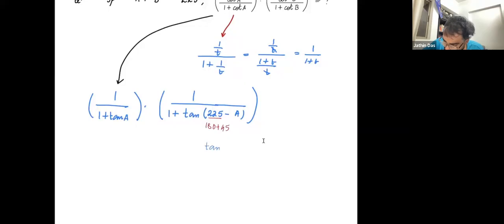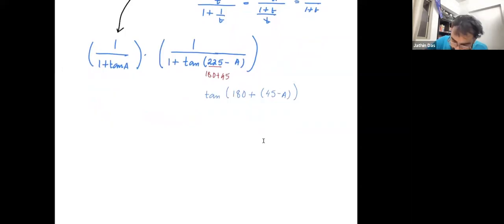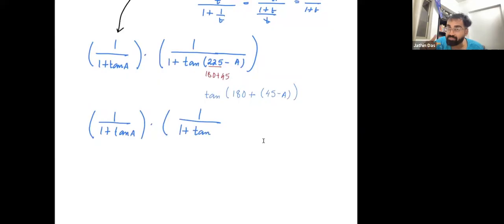Tan 180 plus 45 minus A. Now what is tan 180 plus theta? Tan theta only. So it will be 1 by 1 plus tan A into, we have done the same question where we made A plus B as 45. So I'll write pi by 4 minus A. Now I have told the formula.